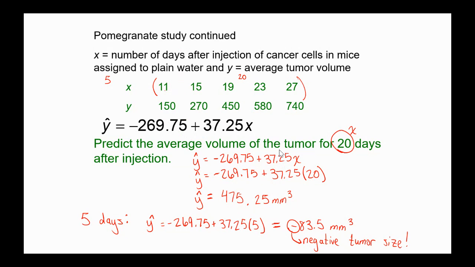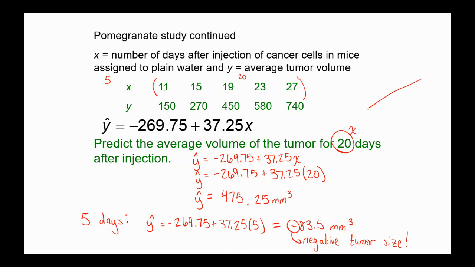If you're way out, whether you're below or above, we don't know if the model holds true. We should not extrapolate.